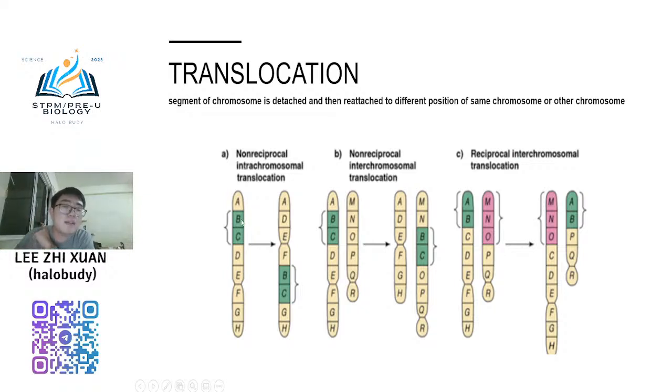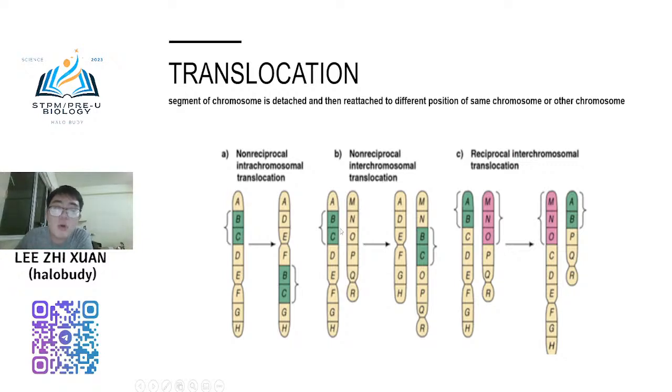So you see here, gene B and C come out, then are inserted back into the same chromosome, but at another place, at the back of F. So this is intra. Easy, right? Another one is non-reciprocal inter.